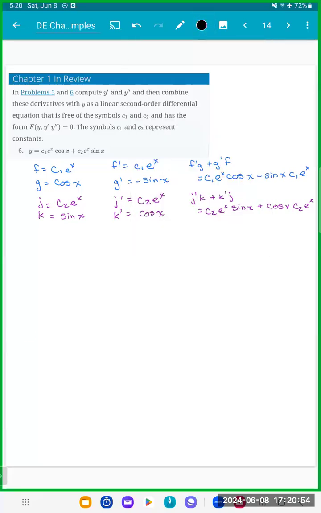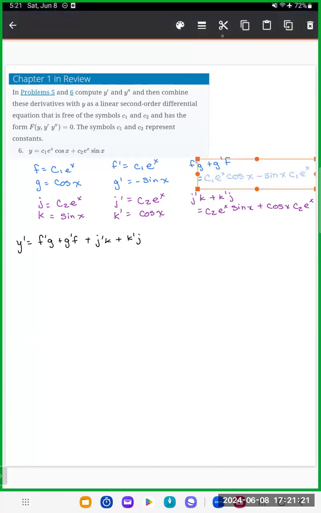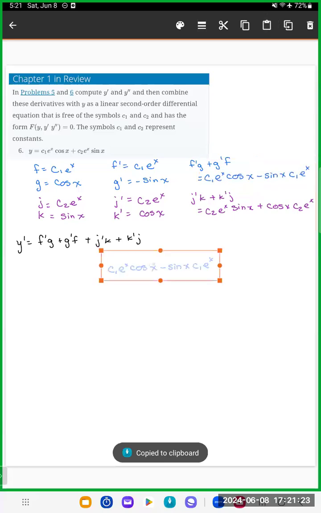Now let's combine it all together for our y prime. This is really going to be my f prime g plus g prime f plus, let me make that not capital, plus j prime k plus k prime j. I'm going to copy these over.